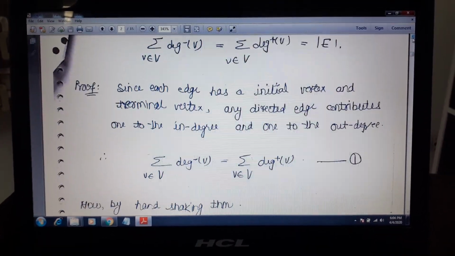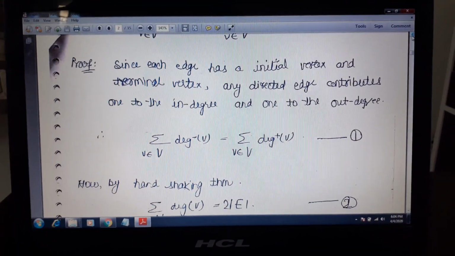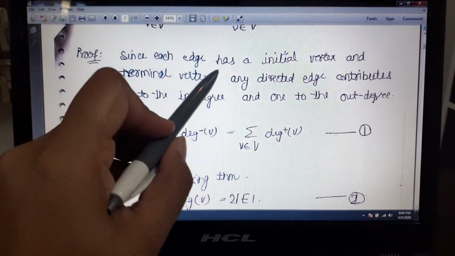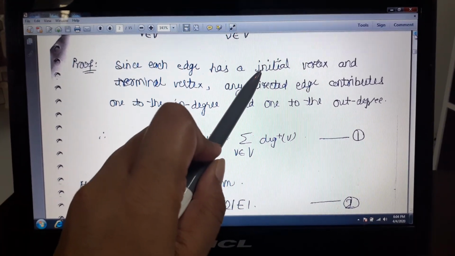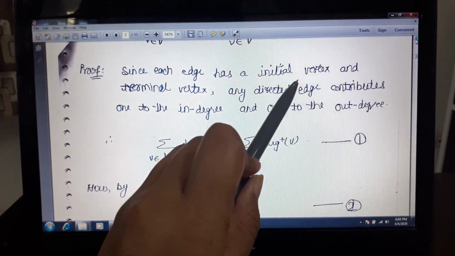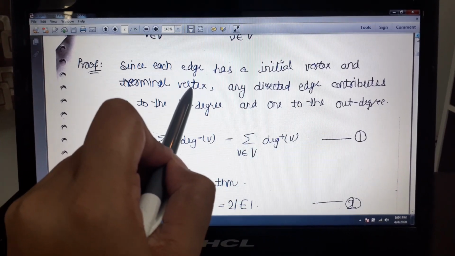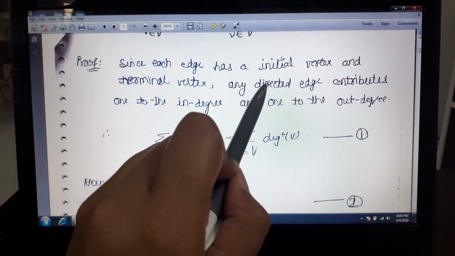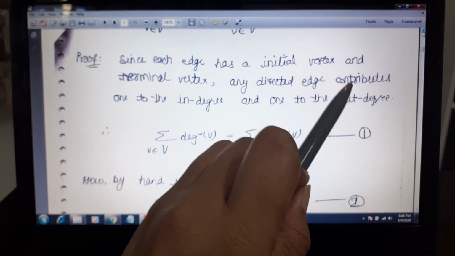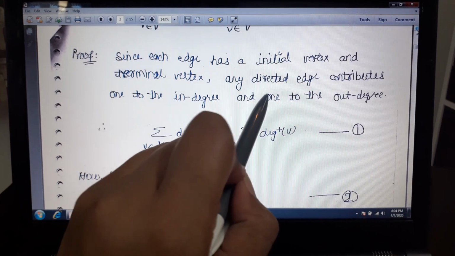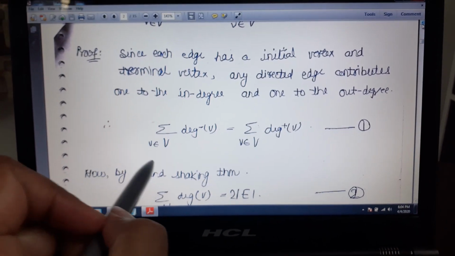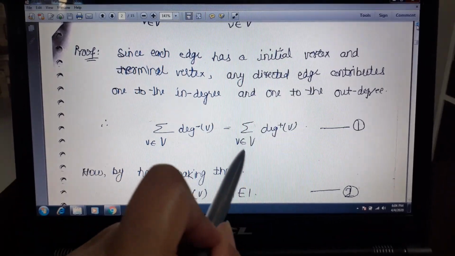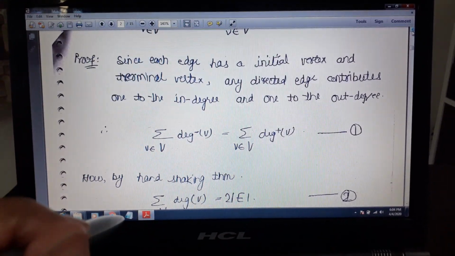For the proof, we know that each edge has an initial vertex and a terminal vertex. Initial vertex is the vertex from which the edge starts, and terminal vertex is where it ends. So in any directed graph, any directed edge contributes 1 to the in degree and 1 to the out degree, right? So obviously the sum of all the in degrees is equal to the sum of all the out degrees.